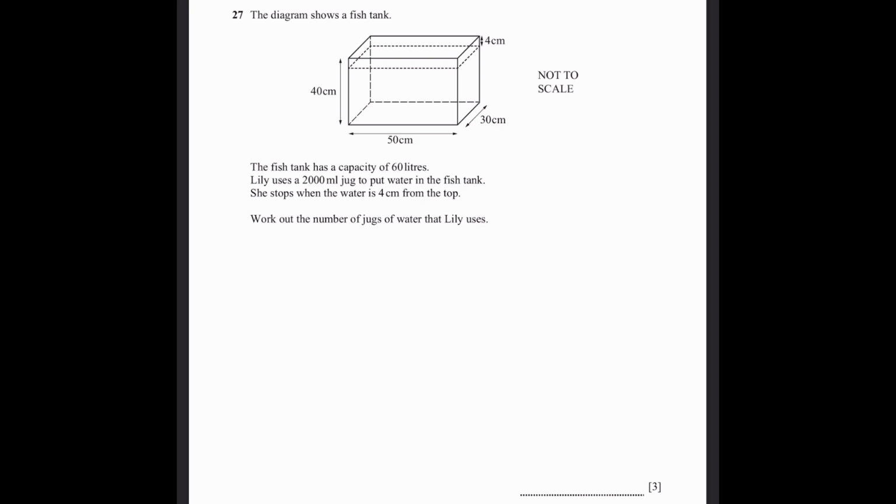First, we need to find out the number of jugs required for filling the tank fully. That will be 60 divided by 2000. Remember, 60 liters divided by 2000 milliliters. So we divide this by 1000 first to make it into liters. 60 divided by 2, which is equal to 30 jugs.